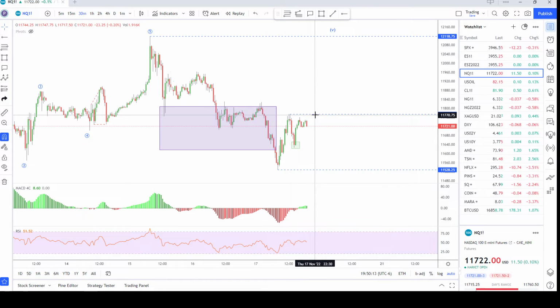I believe if we do break above here, right now it looks like it could be creating an ending diagonal coming up. But if it comes back down and breaks below even 11,628, I'm going to get real suspect, and the more it drops down, I'm going to have to visit in here, because there might be 3 waves coming up.